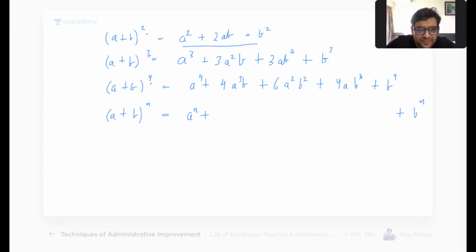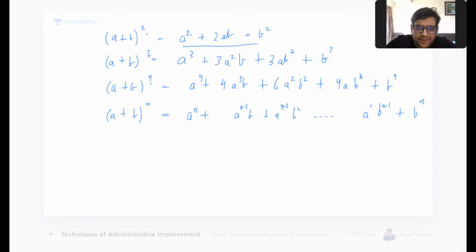And what will be those terms? So a to the power n, then a to the power of n minus 1 into b will be there, plus a to the power of n minus 2 into b square will be there. And this will go on till the power of a becomes 1 and the power of b becomes n minus 1. So all possible combos will be there.